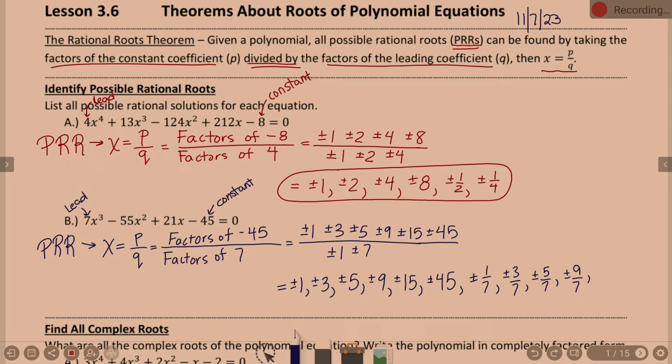Where am I at? 15 over 7. So plus or minus 15/7 and 45 over 7.